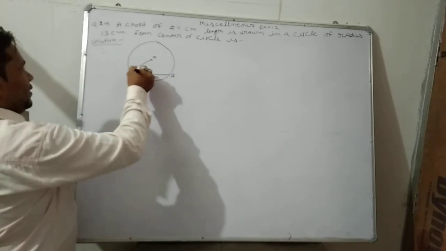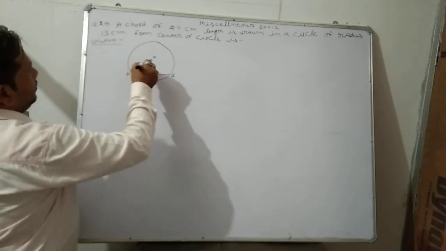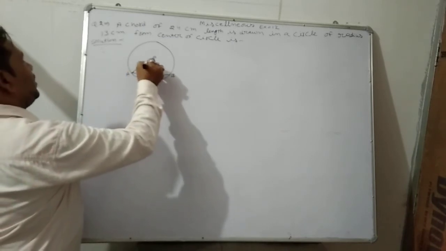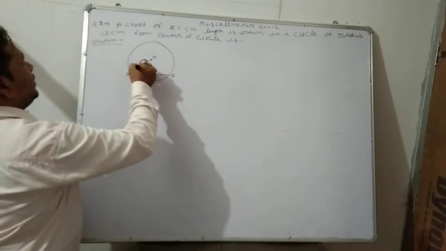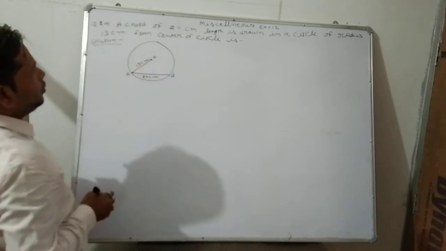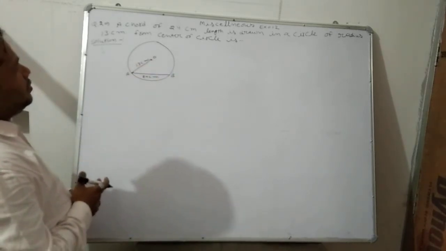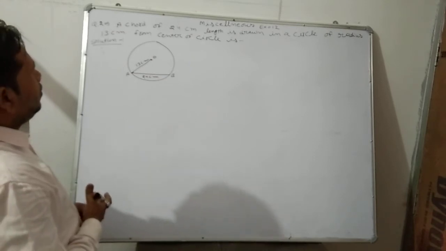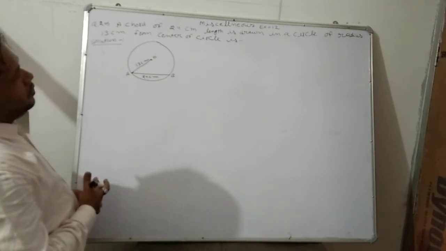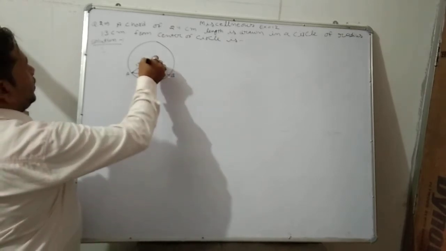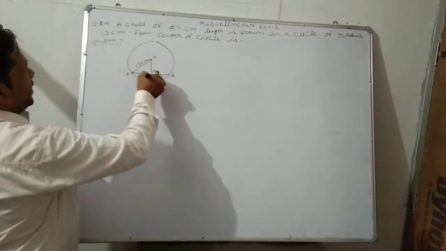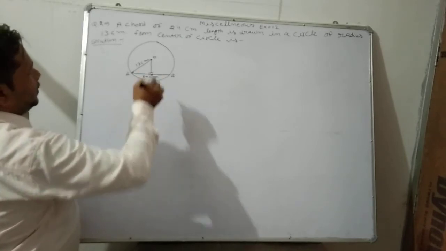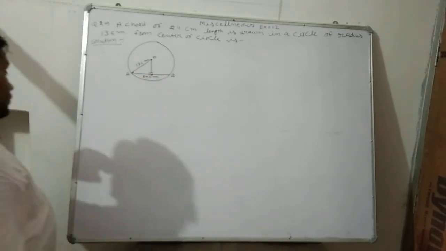Radius, this is the radius of the circle, is given as 13 centimeter. So the distance of the chord from the center, suppose that it is OP.